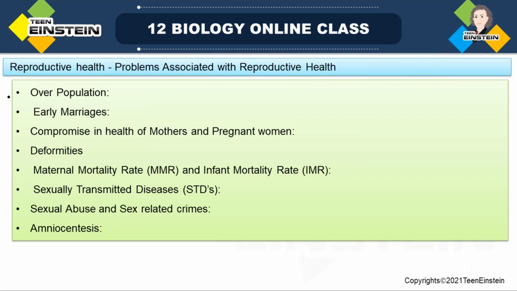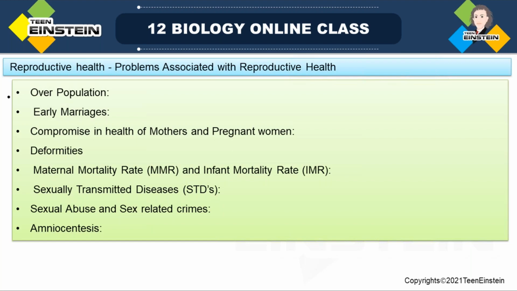If population is increasing at this rate, there will be a shortage of each and everything like basic needs. That is a major problem related to reproductive health. Obviously it will affect a reproductively healthy society.